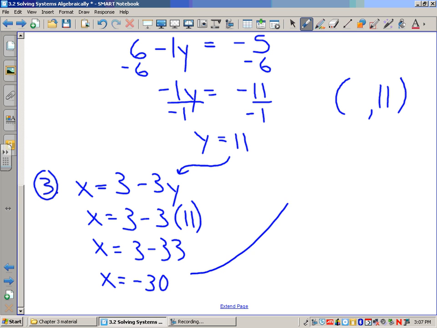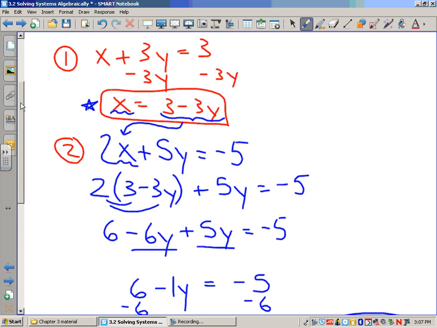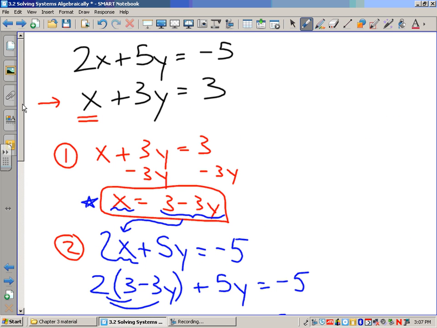So now you have the second part of your ordered pair. Negative 30, 11 would be the point where those two lines intersect. You can check. Step number 4 does say check. If you plugged in negative 30, 11, you should get a true statement in both those equations.